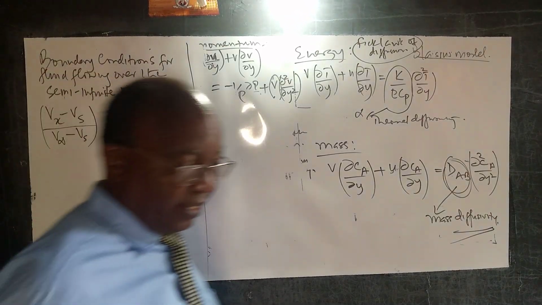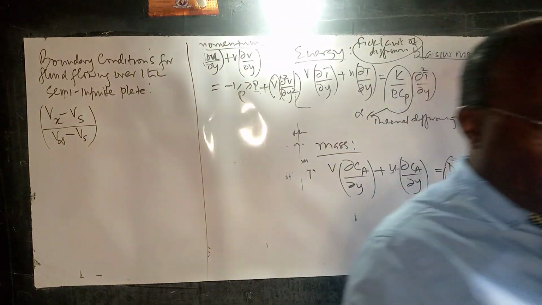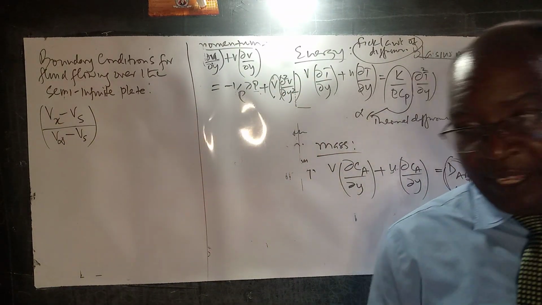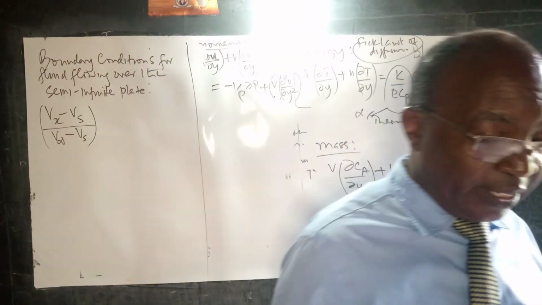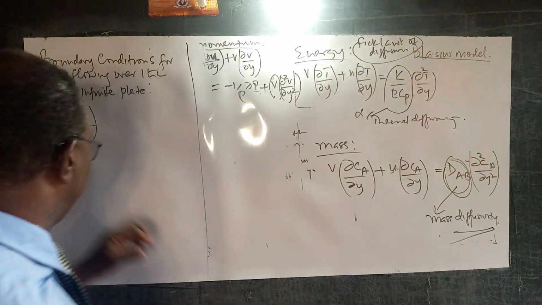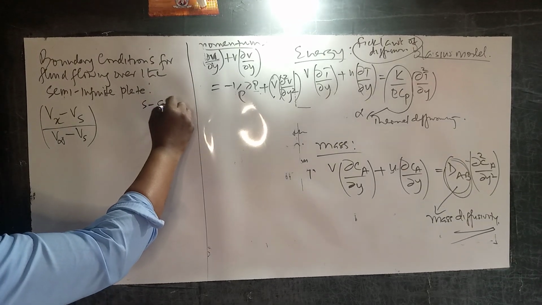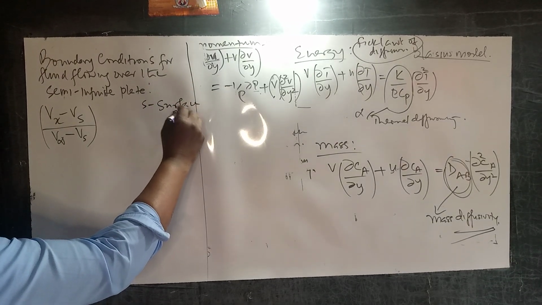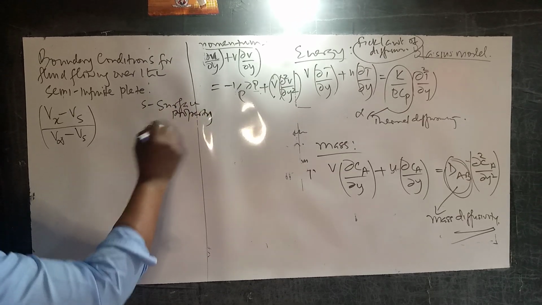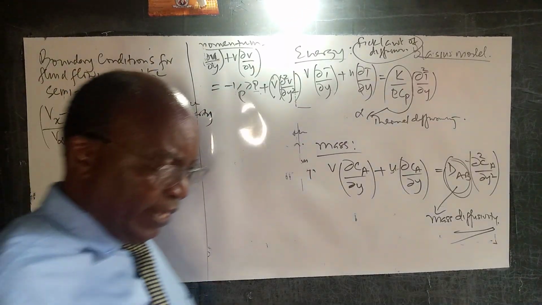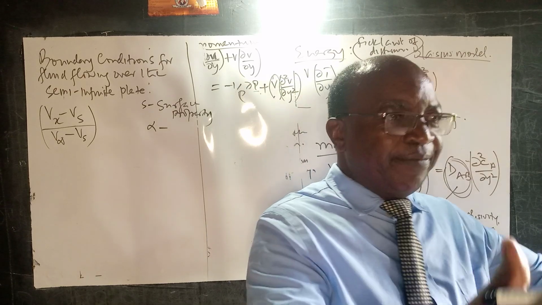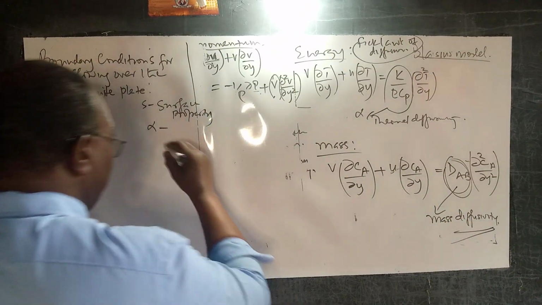The suffix s simply refers to the surface property. And when we're talking of infinity, we're talking of the upstream velocity. That's a very far-field property.